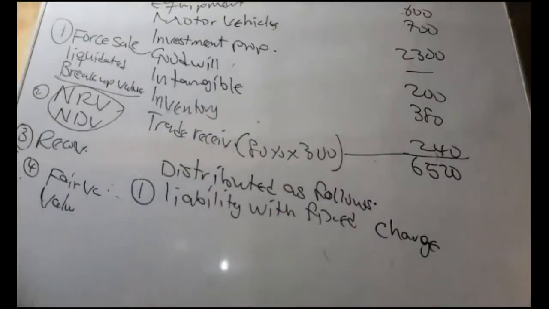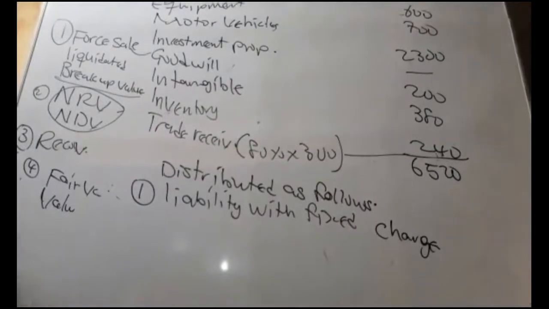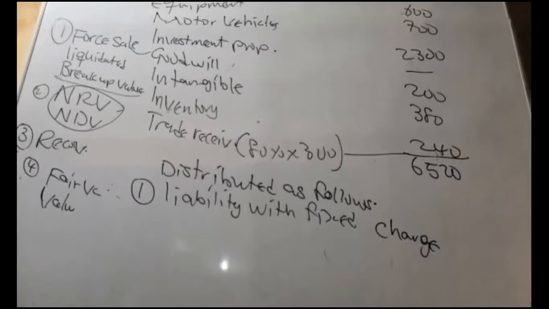You say this in a financial position. This is a debt which has been secured on a particular asset. So any liability that is secured on a particular asset is a liability with a fixed charge.